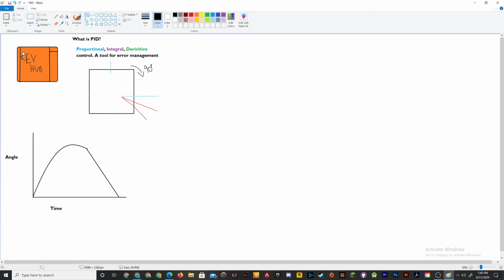If we have exclusively proportional control, what proportional control is doing is looking at the exact height from your angle to your desired angle. Let's say your desired angle is right here, and let's call this the desired angle. Now remember, PID always has a target in mind, otherwise it's error for what?